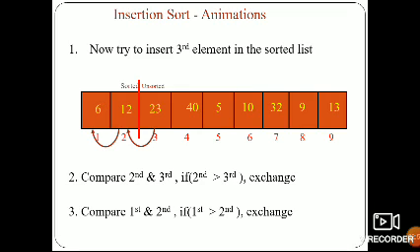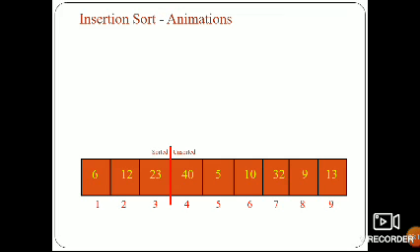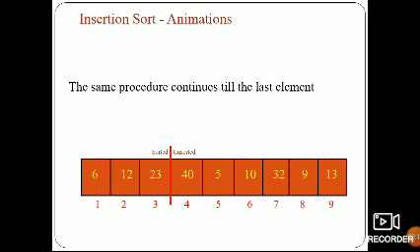So 6, 12, 23 is in order. Next, go for the next, 23 and 40, the third and fourth elements. 40 is greater than 23, so there is no need to exchange.